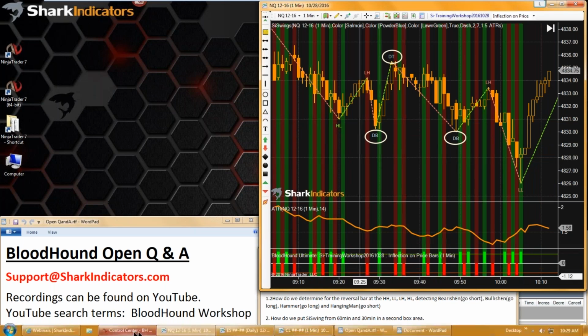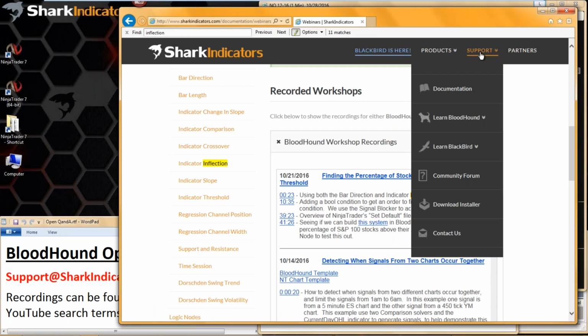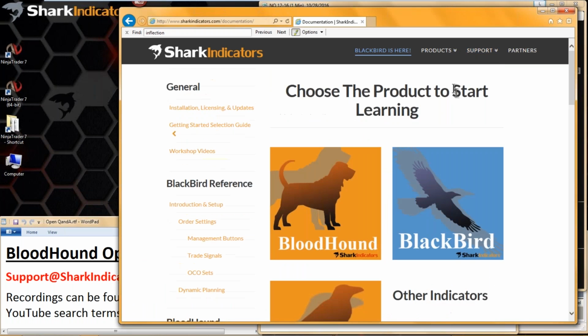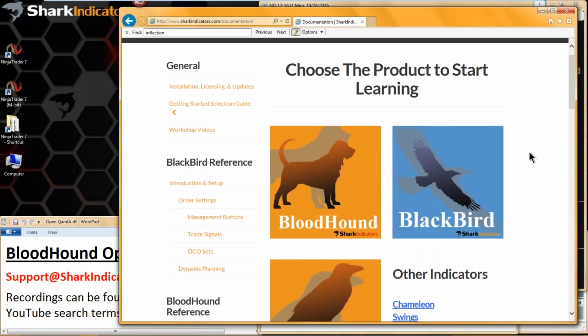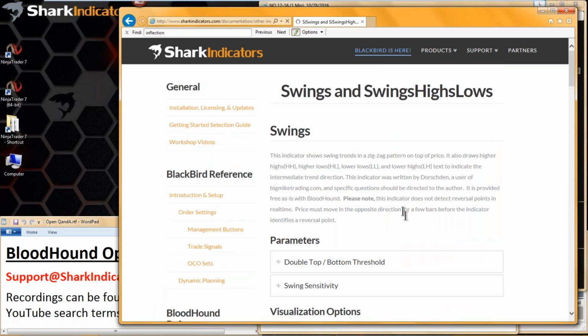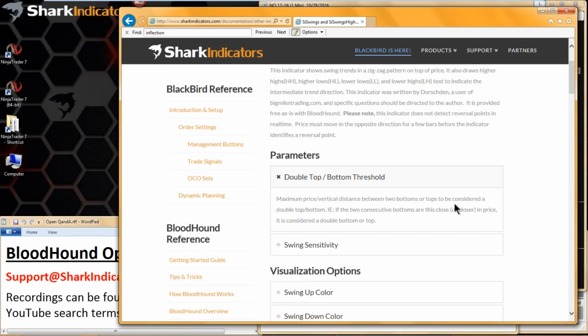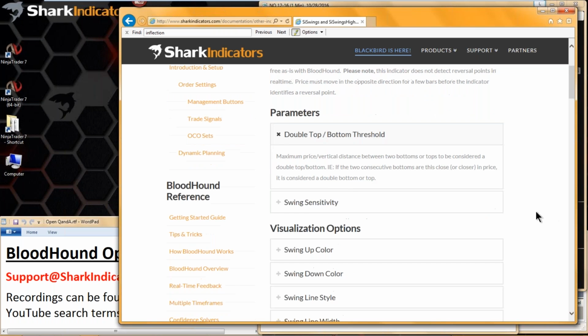And one more thing, let's pull up the documentation. So we'll go to support and documentation, and if we scroll down a little bit under other indicators, there's the swings indicator. Click on that.